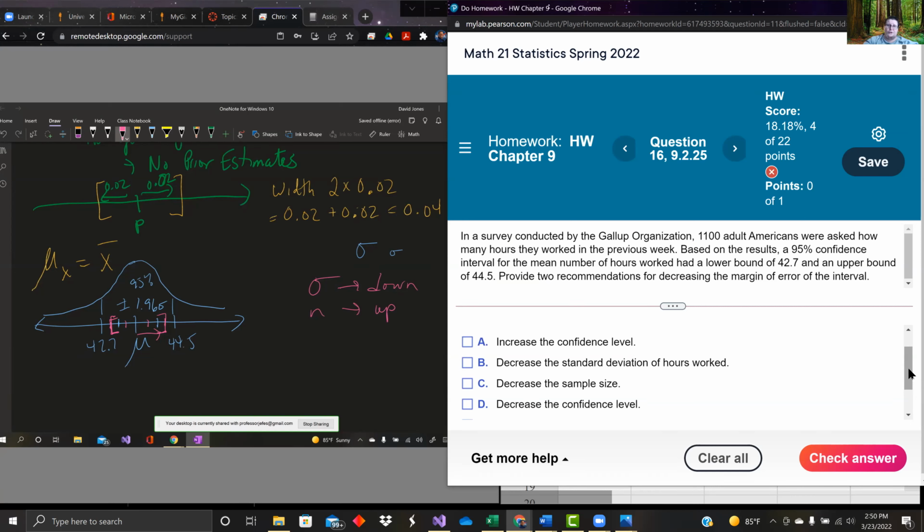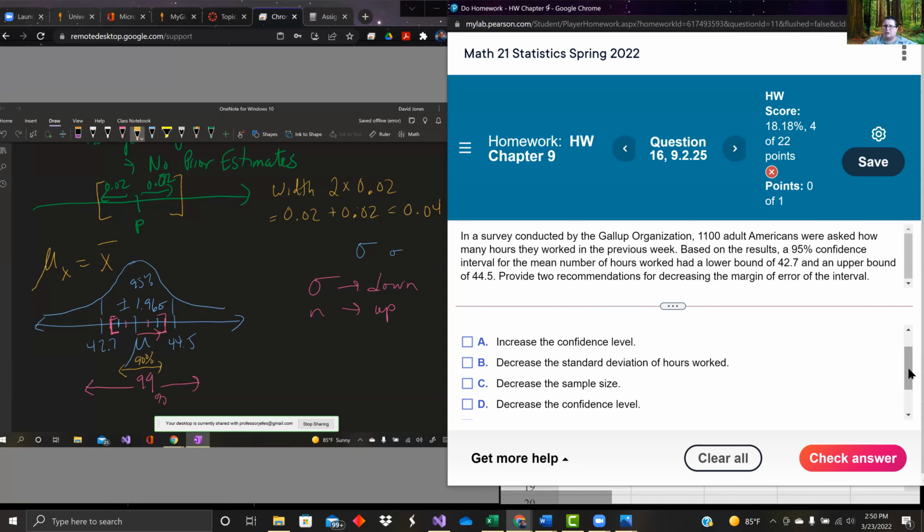Oh, another way to do it would be like I chose 95%. If I wanted 99%, 99% would cover a bigger region. And 90% would cover a smaller region.